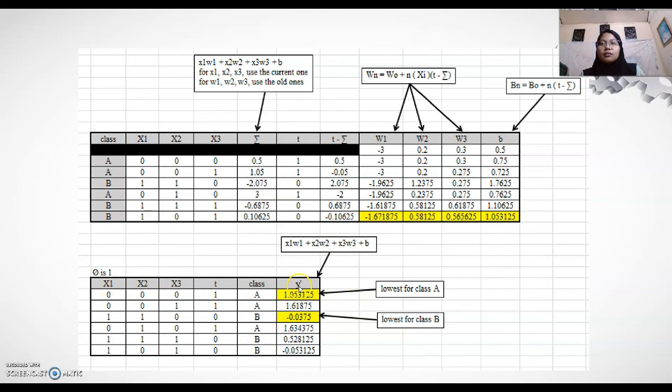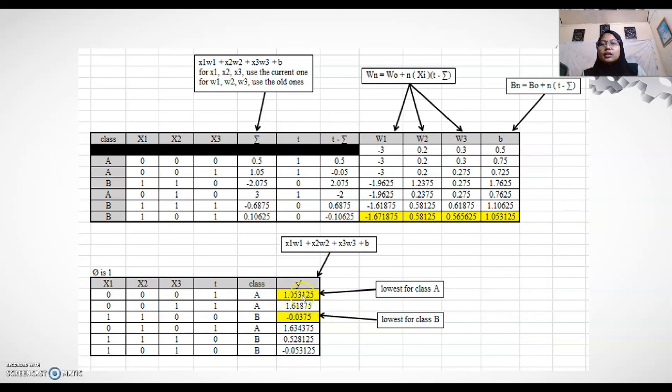Then, as usual, we have to find the y prime using the same formula, which is x1 w1 plus x2 w2 plus x3 w3 plus b. But we have to choose the lowest value for class A and the lowest value for class B to use for the next step.